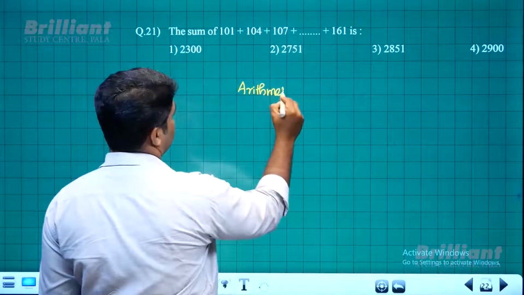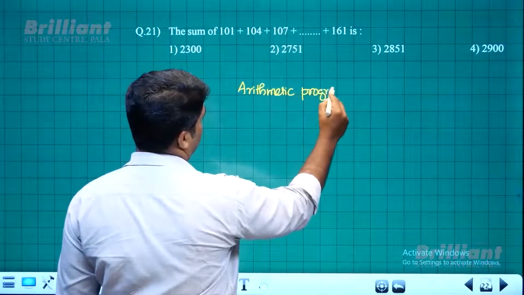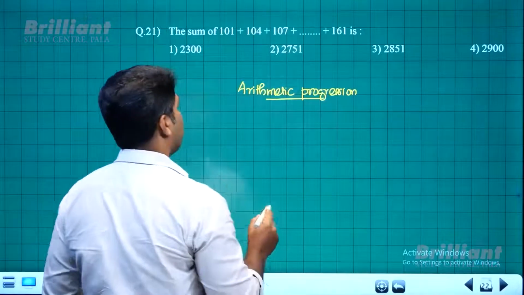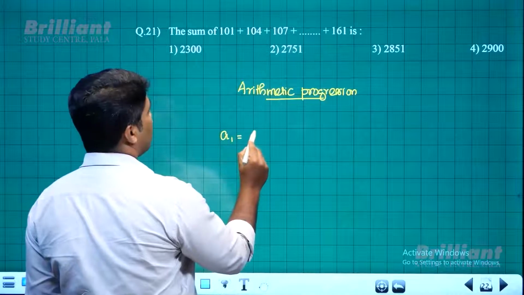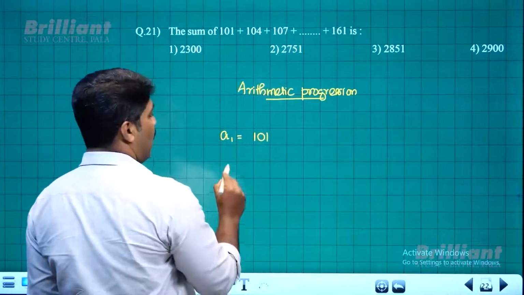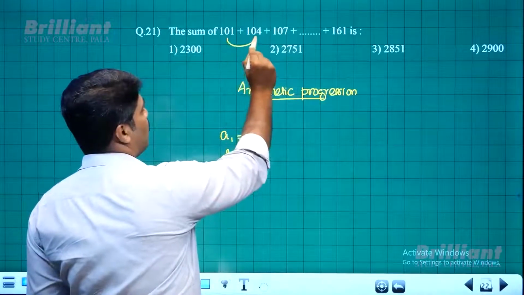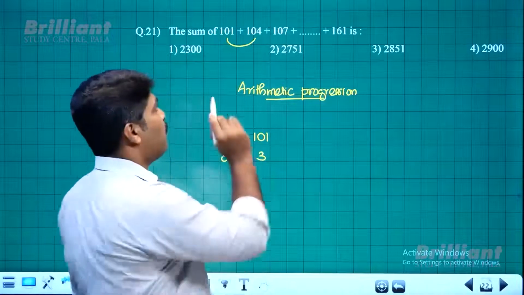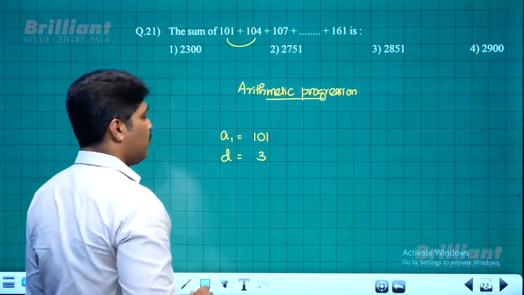So here in this arithmetic progression, the first term is 101, and what is the common difference? 104 minus 101, what's the difference here? 3. And 104 to 107, what is the difference? 3. That's the common difference.